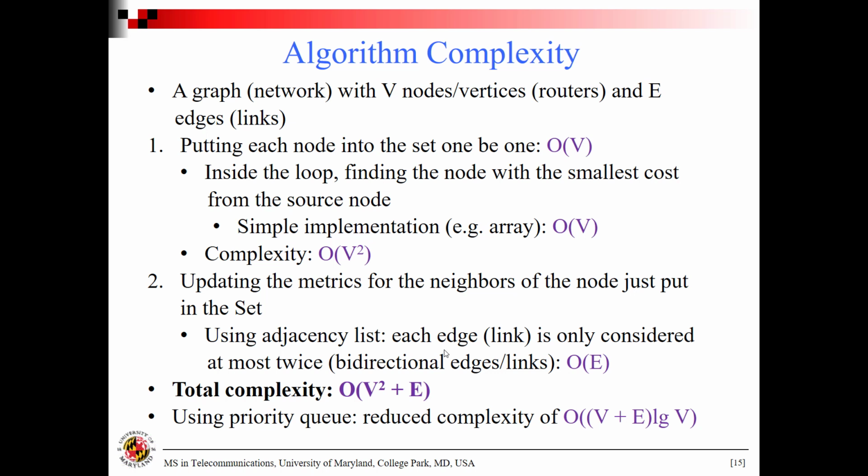And as a consequence, you can reduce the complexity all the way to (V plus E) log V. And again, if you assume that you can upper bound the number of edges as a constant times the number of vertices, then roughly the complexity will become V log V. And that's a good rough estimate of how many steps your algorithm would need to take. Okay, so that was the little explanation on how the link state algorithm works.